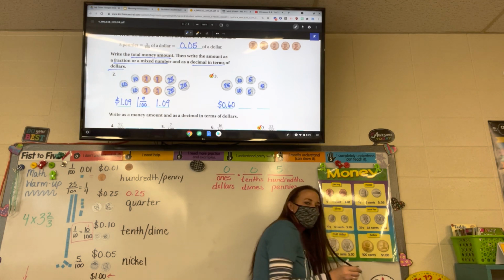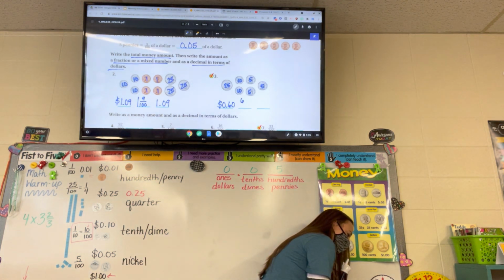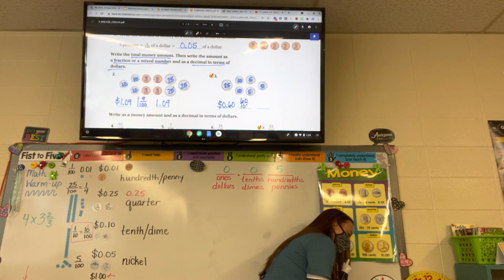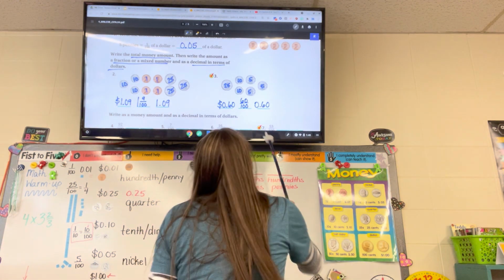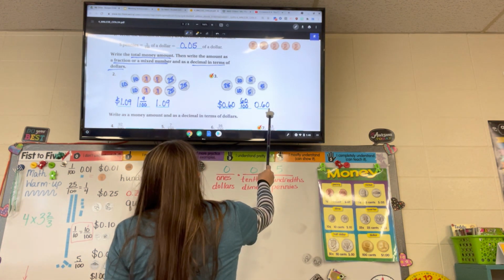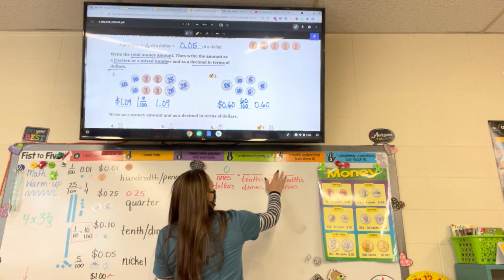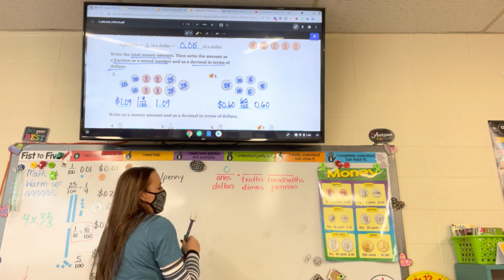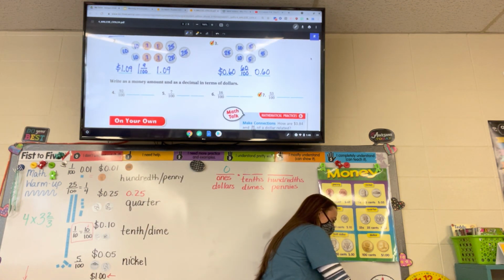And what fraction would it be, Shelby? 60 hundredths. And then as a decimal in terms of dollars, 60 hundredths. Because it's a 6 in the tenths place, but because we have a 0 in the hundredths place, we say the word hundredths. So 60 hundredths.